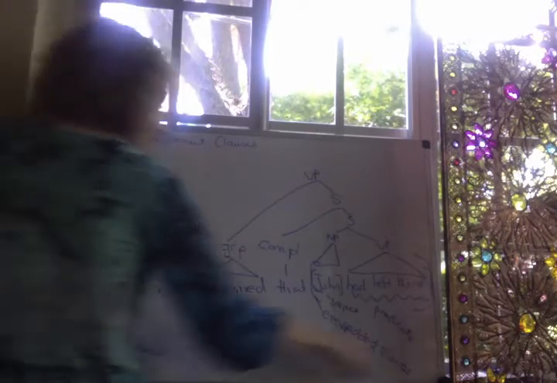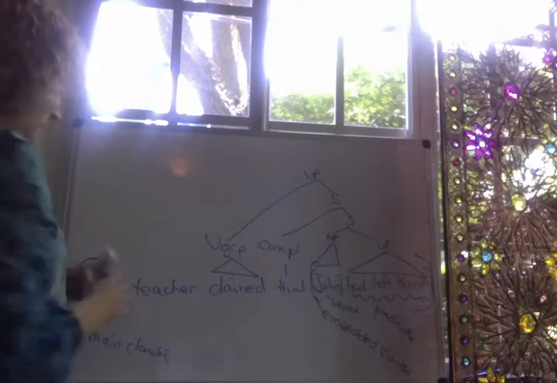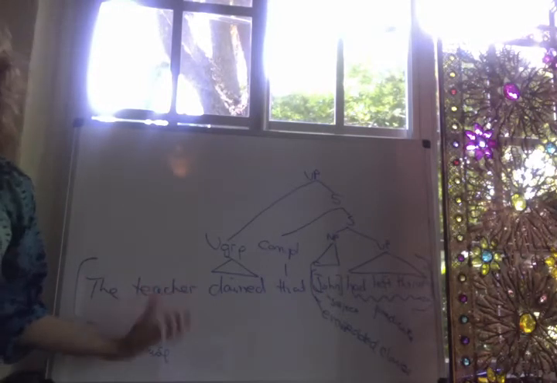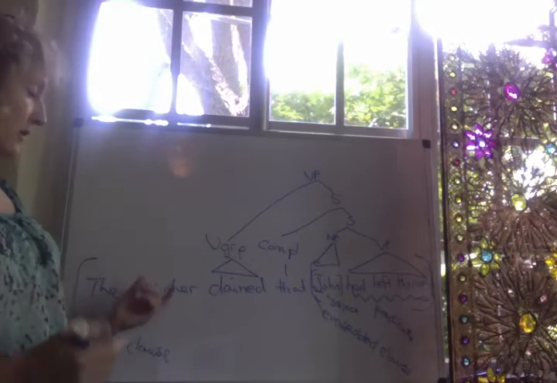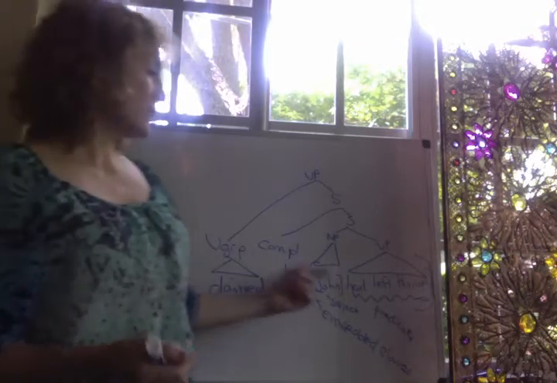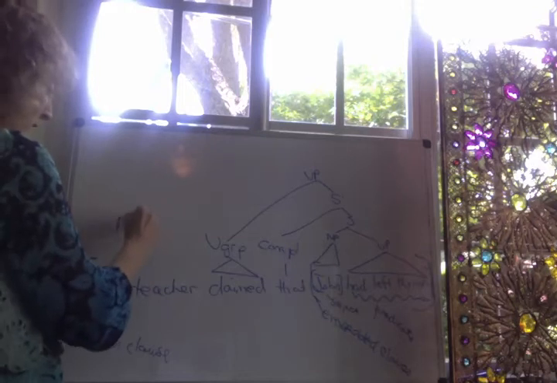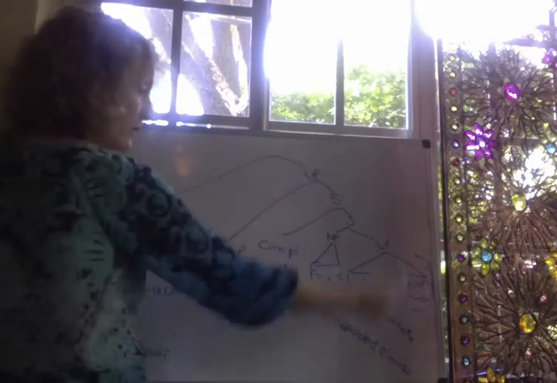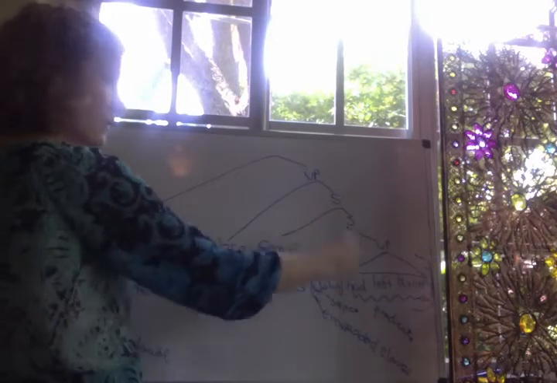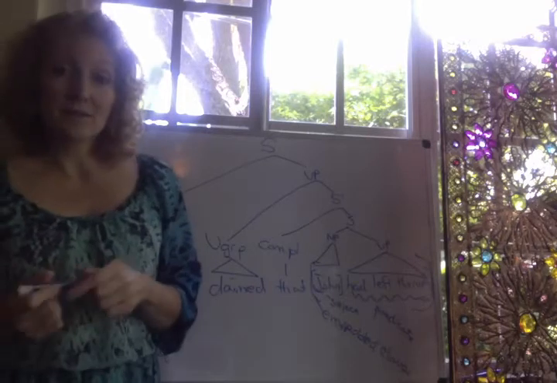And then we have the teacher. What is the teacher doing? The teacher is the subject of the whole main clause, right? The teacher is the one who claimed that John had left the room. So the teacher is going to be our main clause subject and is going to form a unit with this whole predicate, which is the main clause predicate, and is going to form the sentence, which is the main clause.